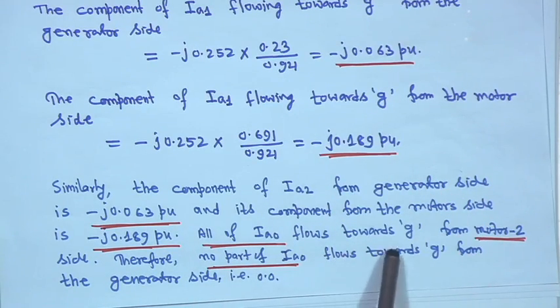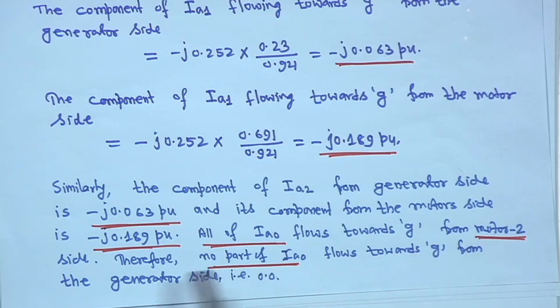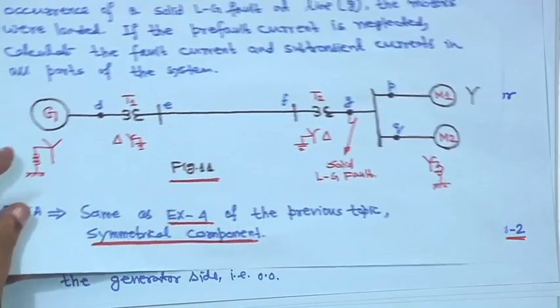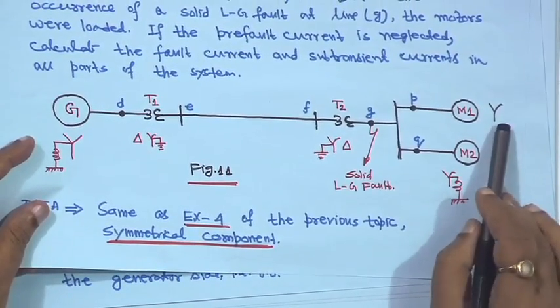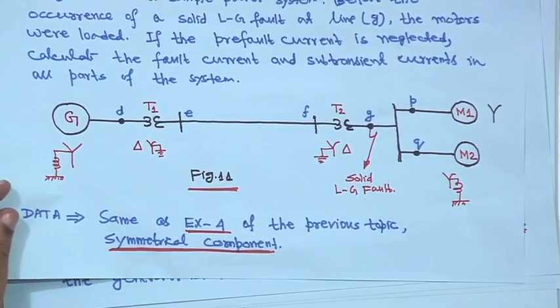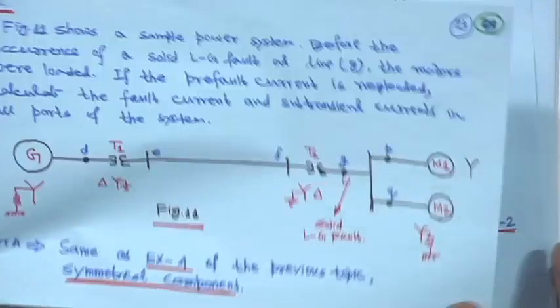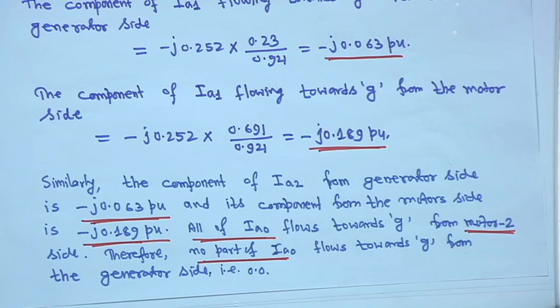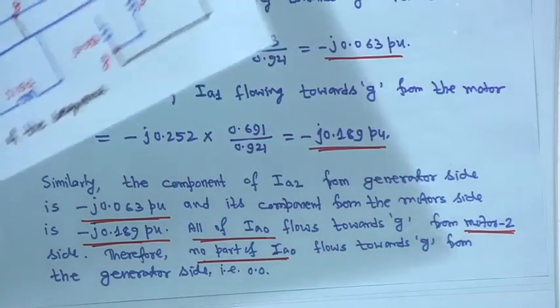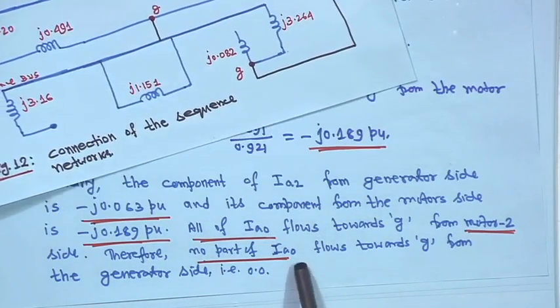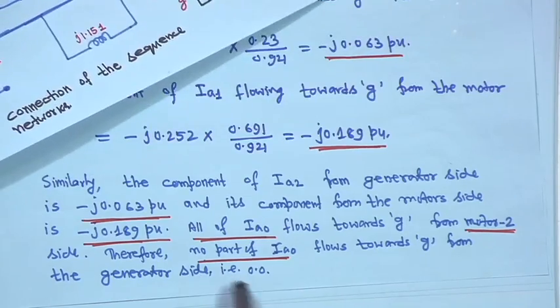But all of I A 0 flows towards G from the motor 2 side, because motor 2 in this diagram is grounded, and the other is star connected and ungrounded. Therefore, all of I A 0 flows towards G from the motor 2 side. Therefore, no part of I A 0 flows towards G from the generator side, that is 0.